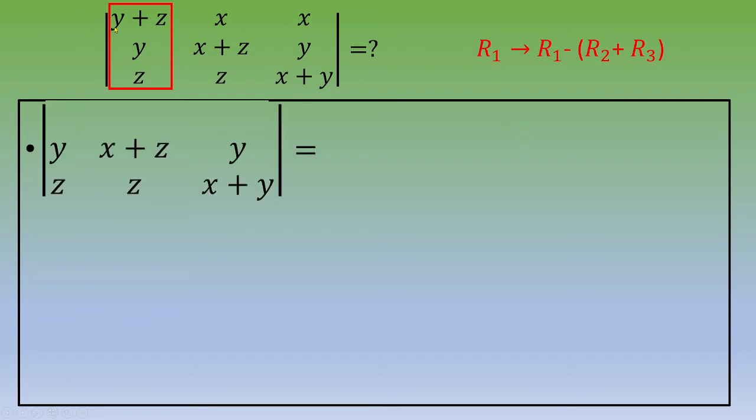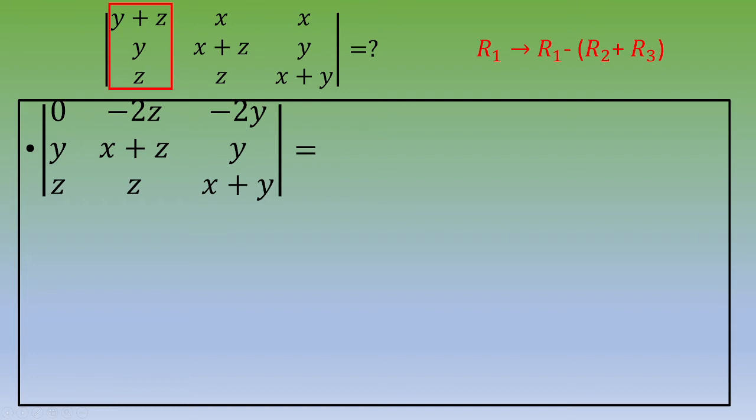We've got y plus z minus y minus z, this is 0. We've got now x minus z minus z, so we end up with negative 2z, and then x minus y minus x minus y, we end up with negative 2y.